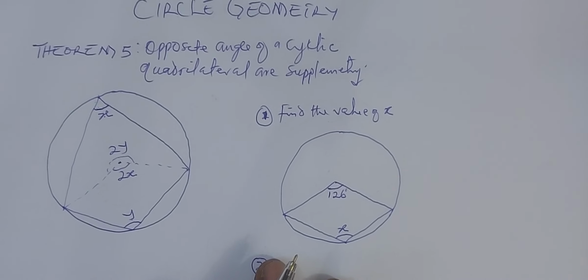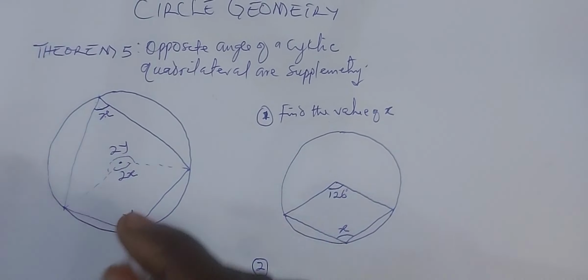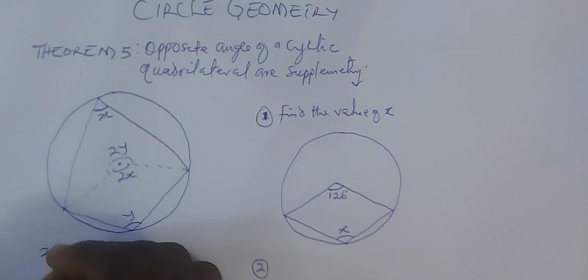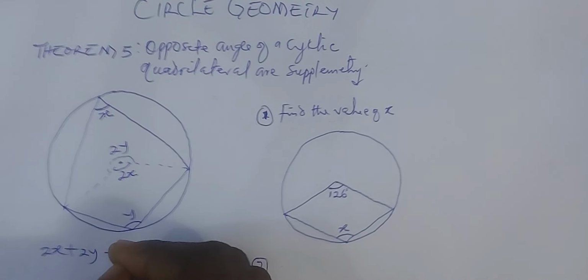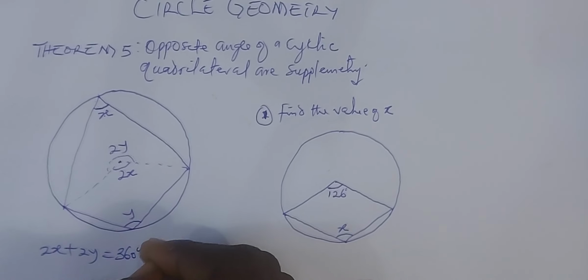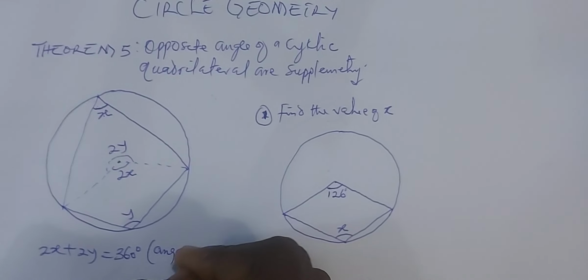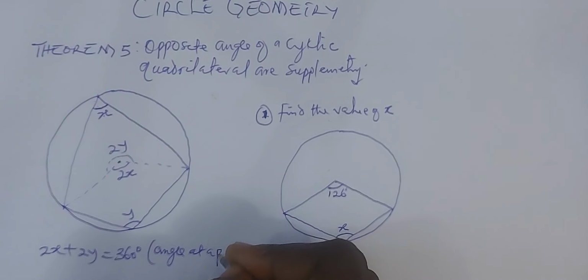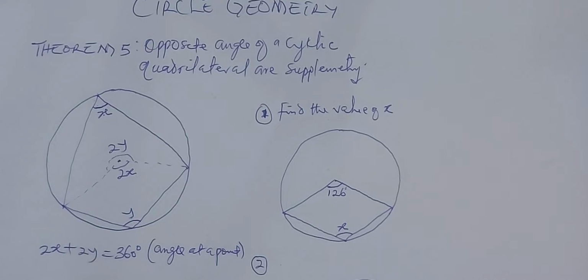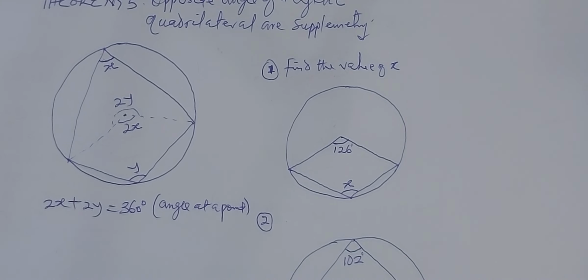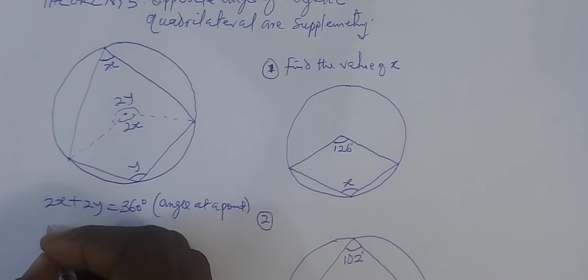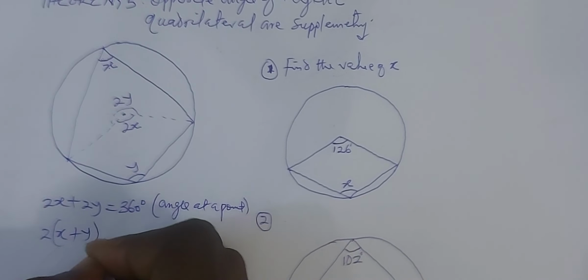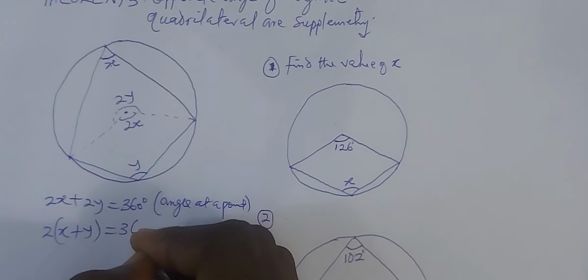Okay, so what we do from here now is angles at a point, they meet at a point. So you can now say that 2x plus 2y is equal to 360 degrees, sum of angles at a point. And therefore, what do we do next? We factorize 2 out, so we have 2 times (x plus y) is equal to 360.